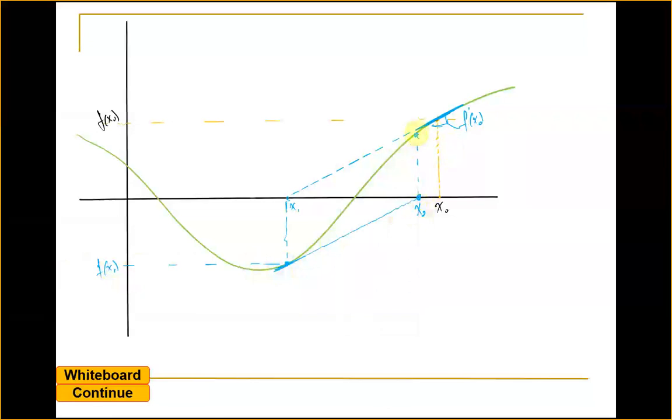I know I'm taking a little while, but just for you to be clear on how this thing goes, let's take our time. Alright, this is the function at x2 right here, and the slope at x2 is a little steeper than it was at x0.